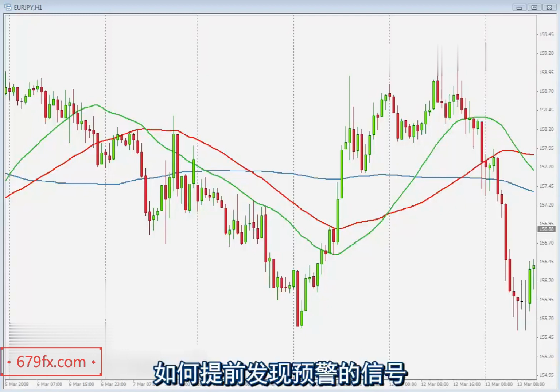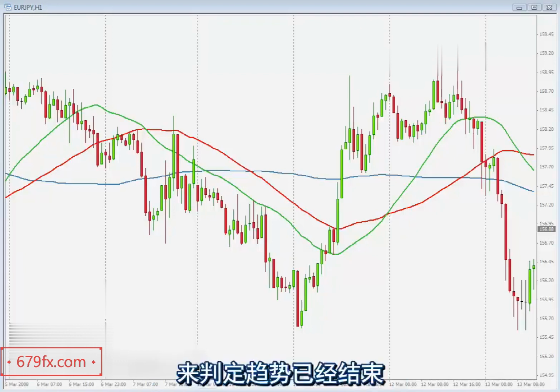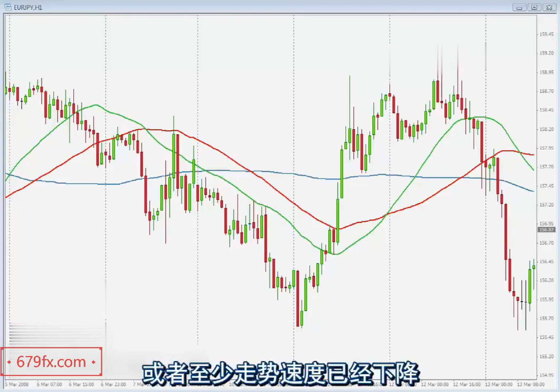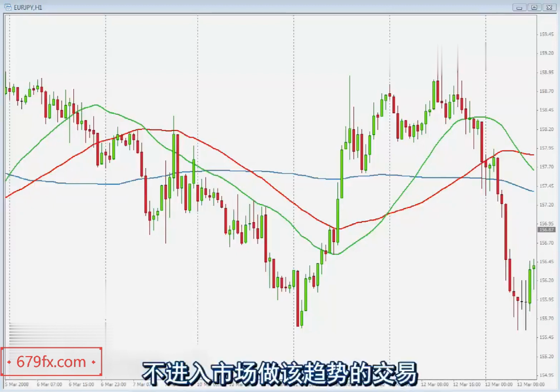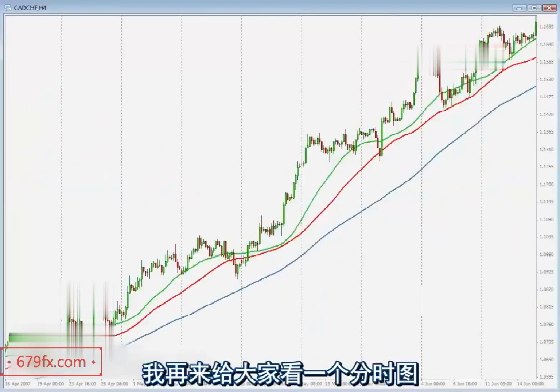How to hear early warning bells that the trend may be coming to an end, or at least slowing down, and we might want to be out of the market, to not consider trading that trend anymore. I'm going to show you another chart now.